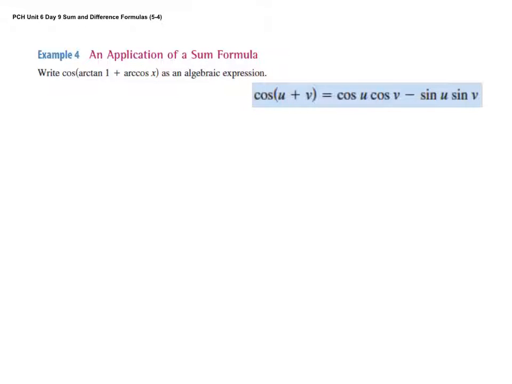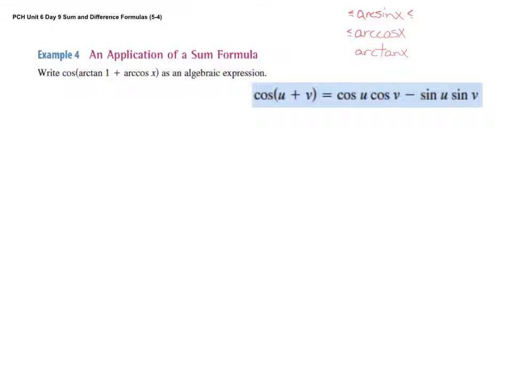Before we dig into this one, I just want to remind you of the ranges for our different arc or inverse functions. Remember we had arc sine, arc cosine, and arc tangent.